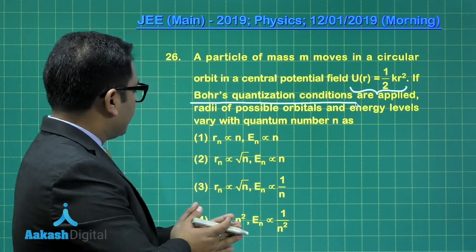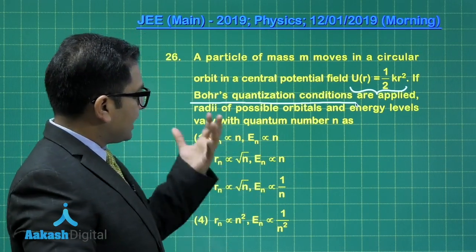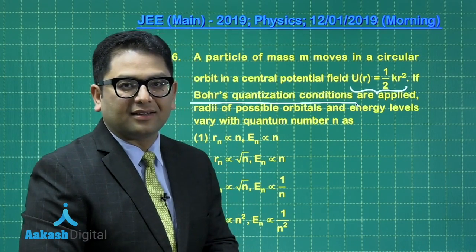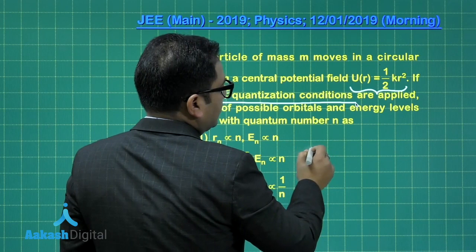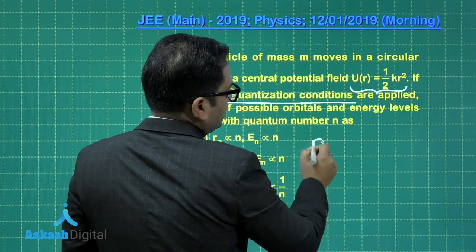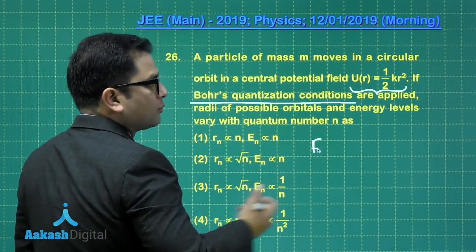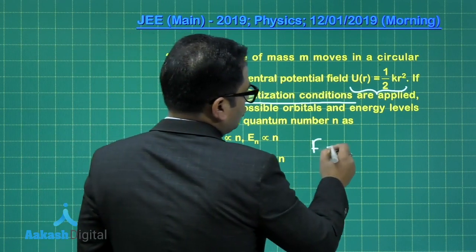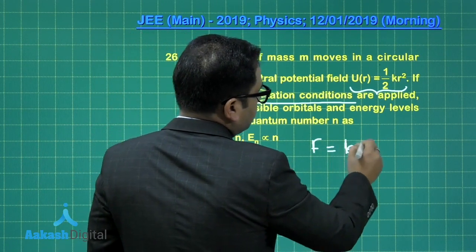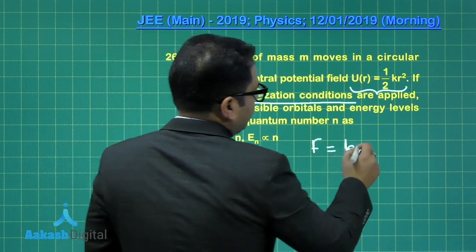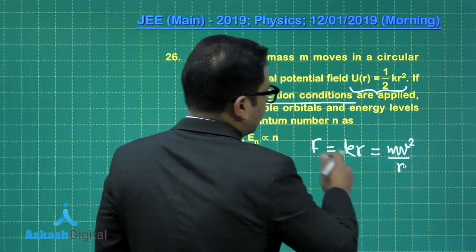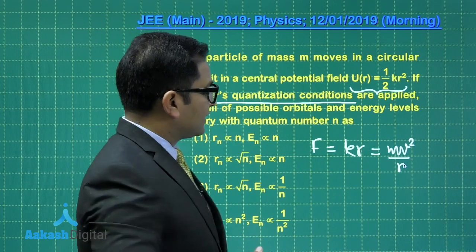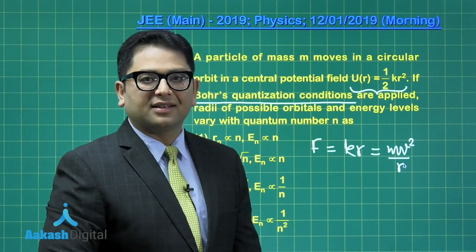We need to find how the radius and energy depend on n. So the first thing is, if that is the potential energy, the expression of force is minus dU by dr, and that comes out to be kr in terms of magnitude, and that will be equal to mv square by r, because that force is providing the necessary centripetal force.